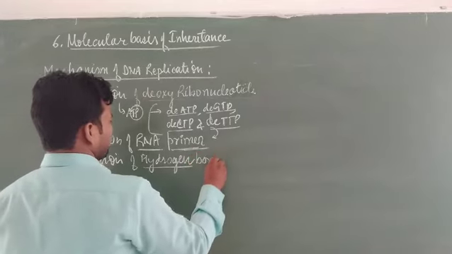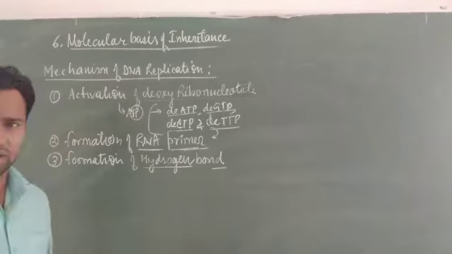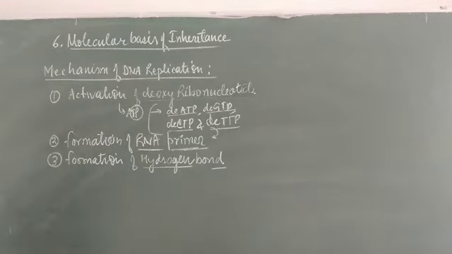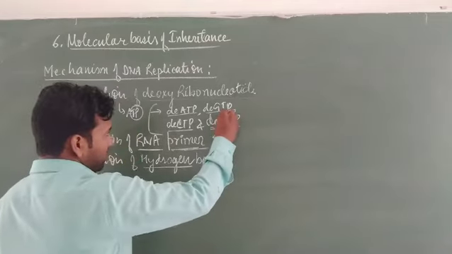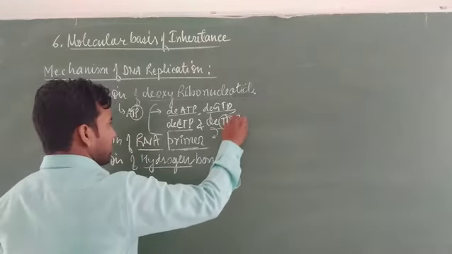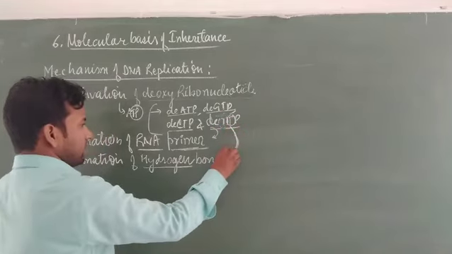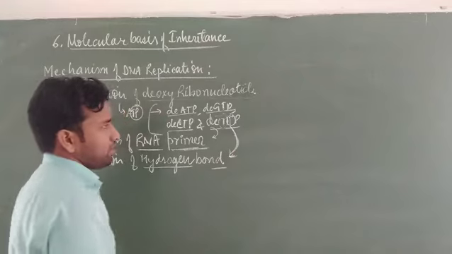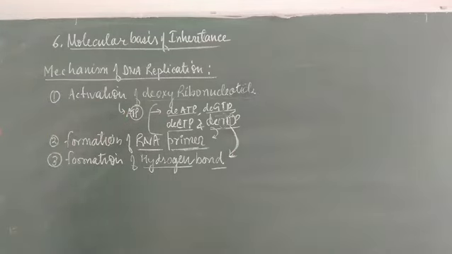As a result, hydrogen bond formation occurs, and this is done with the help of the triphosphate energy. The triphosphate energy is utilized in the formation of hydrogen bonds between both strands of the DNA.